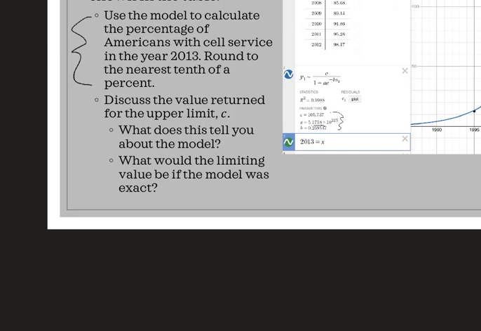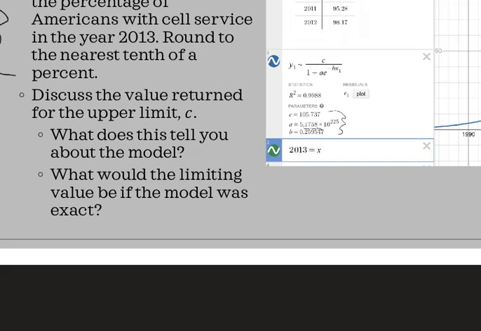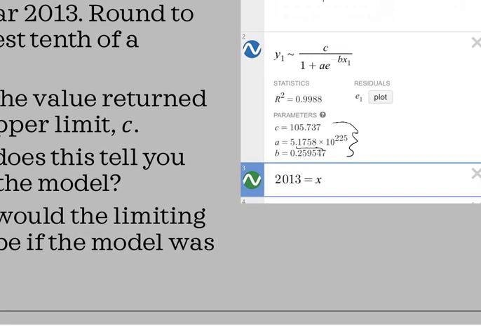Now, the next one, just discuss the value returned for the upper limit C. What does this tell me about this model? Well, my upper limit is 105.74, and that's a percentage.